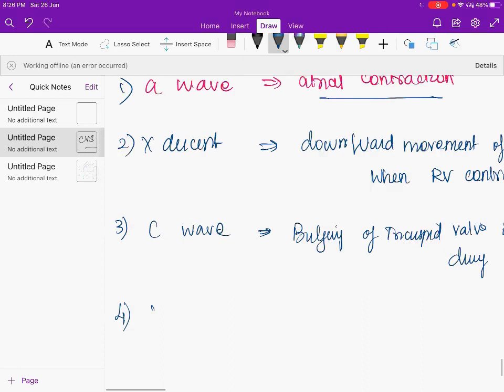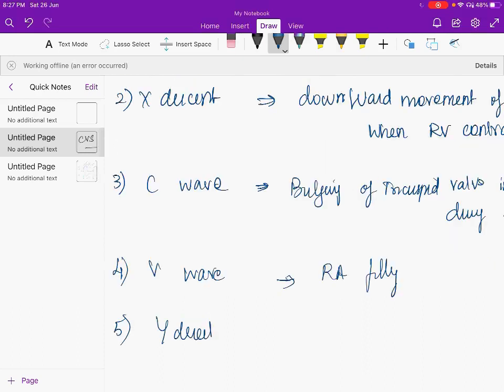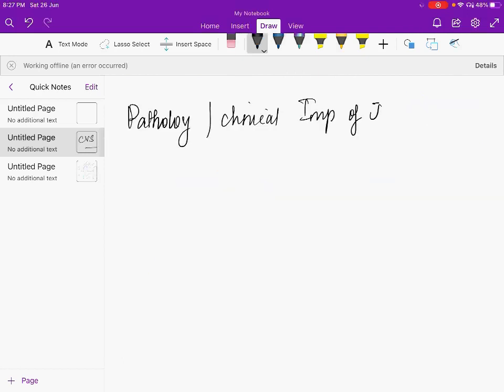So now moving towards the pathology part. Some pathology of clinical importance of JVP. So listen carefully.